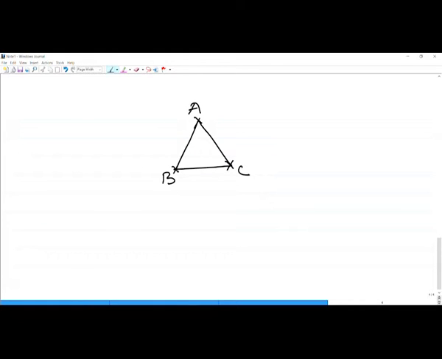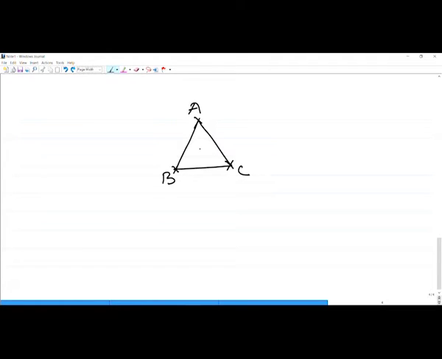Once you do that, then based upon the time at which these sensors are receiving the signal, you can get an idea that within this triangle, for example, where could be the location of the source, whether it is close to the A, close to B or close to C. Okay.